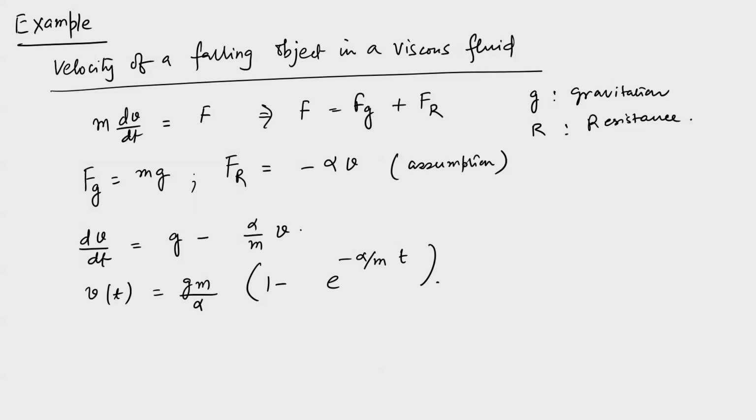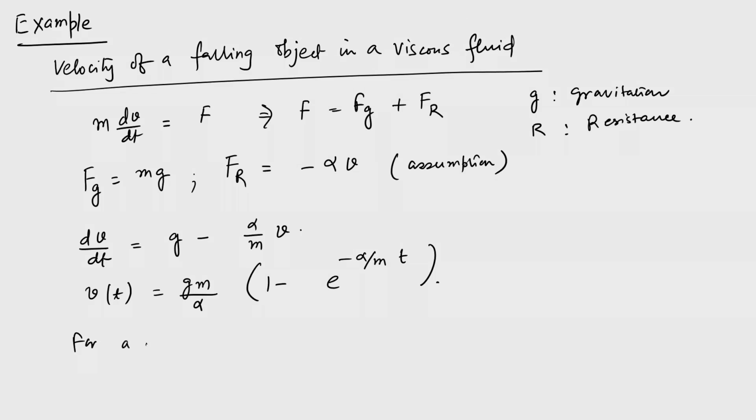But you can calculate this, or rather put some discrete time steps, let t equal to 1 second, 3 seconds, 5 seconds, 7 seconds and all that, and calculate v by knowing all these values. g is of course the acceleration due to gravity, which is 9.8 meter per second square, and alpha is the viscous coefficient, which for a particular fluid will have a value, and mass m is the mass of the particle, which would of course be given to you.